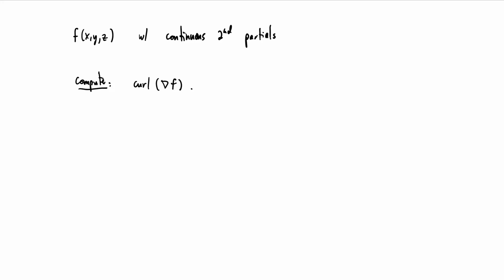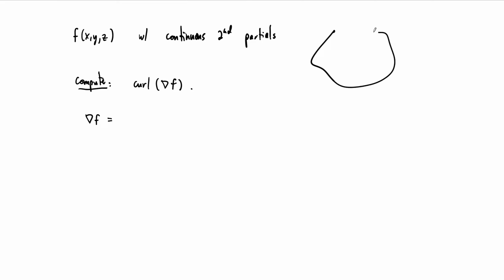So let's start by remembering what the gradient of this function is. The gradient of a function is a vector field. So we start off with just a function defined on some domain. All right, we can draw the domain. The domain is some blob here, let's say E. f is a function which assigns to this a real number.